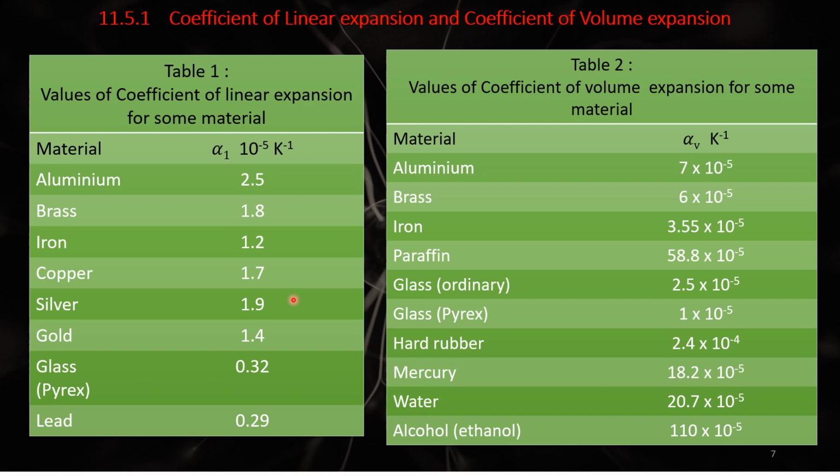We can observe that the thermal expansion of these substances, solids as well as liquids, is rather small, with materials like Pyrex glass and Invar, that is a special type of iron nickel alloy, having low values of alpha V. From this table, we can find that the value of alpha V for alcohol, ethanol, the last row, is more than the value of alpha V for mercury for the same rise in temperature. The different values are given, and some of them are metals, the others are non-metals. Please compare the values of alpha V, which are given per degree Kelvin.